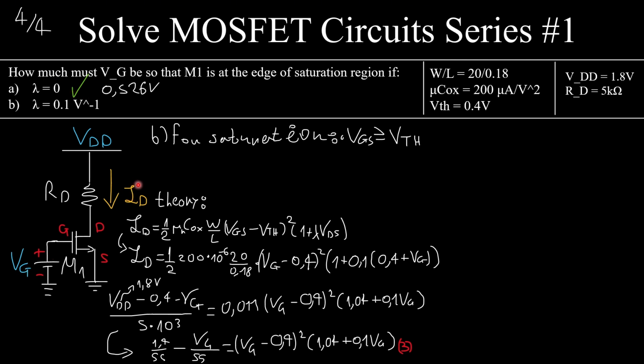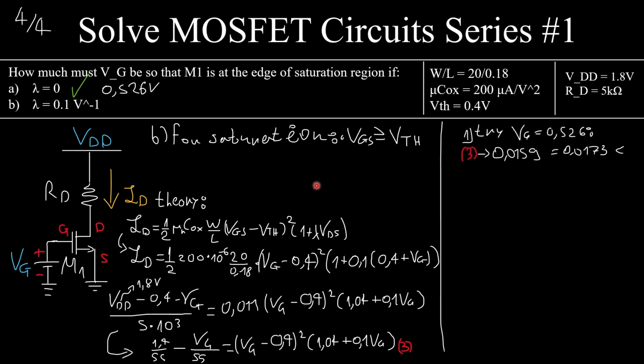I expect it to be a bit lower, but not much different. So what I'm going to do is try to see what this and this part of the equation is going to yield when I replace VG with the value that I found earlier when I didn't have channel length modulation.